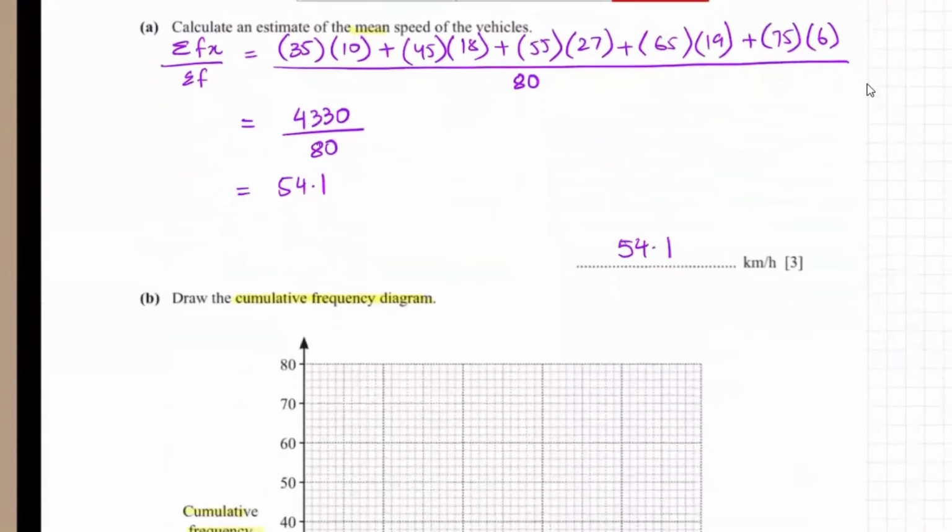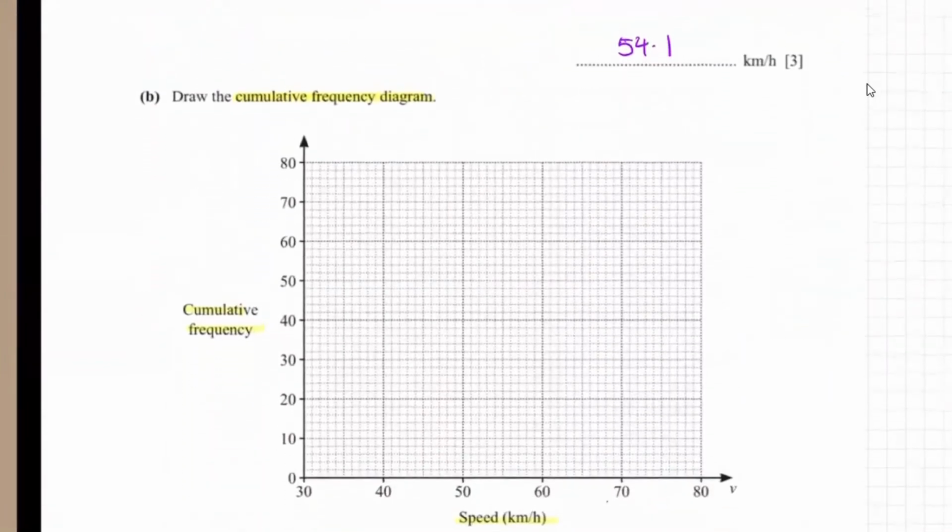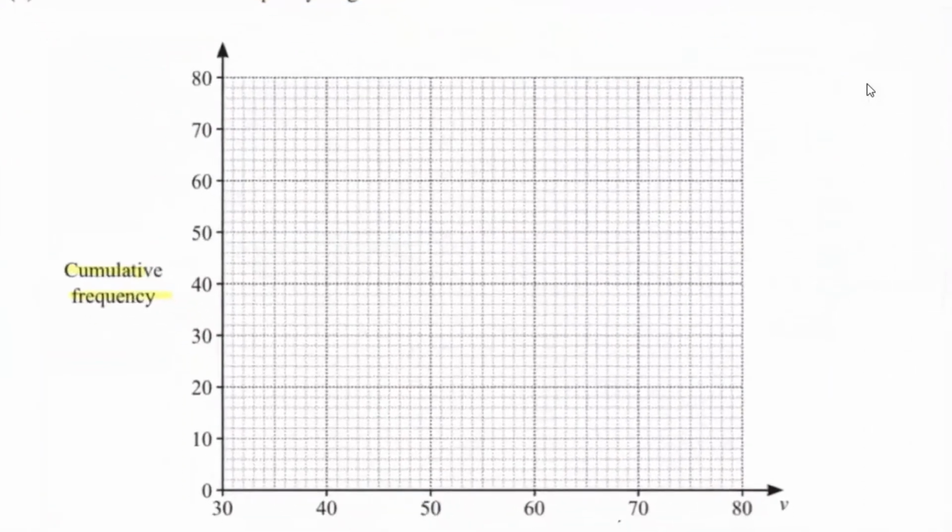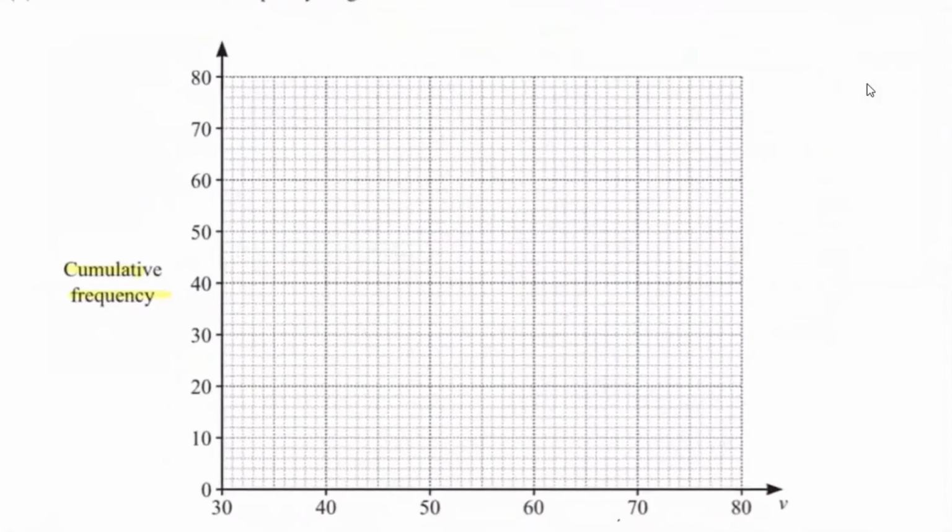Okay, now I'm going to plot these values. So for 35, we have 10. For 45, we have 28. 55, we have 55, which would be in between 50 and 60. Then for 65, we have 74.